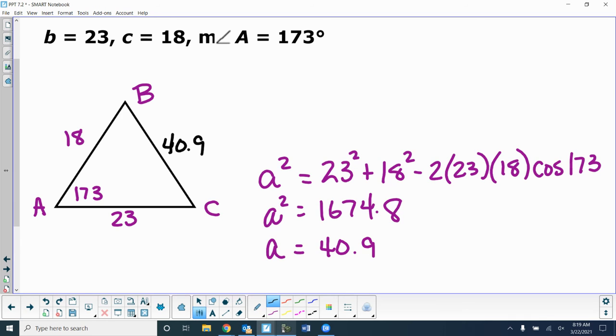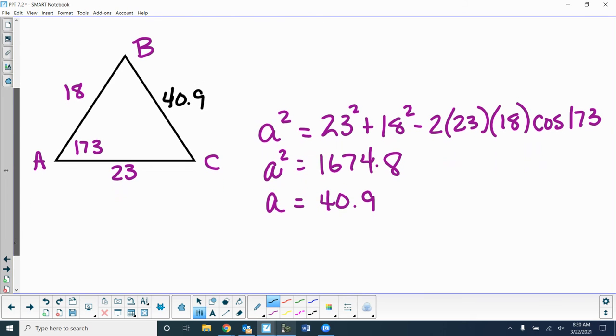So which of the two remaining angles am I going to find? B? No. B is the larger of the two remaining, right? Remember, when we go from cosine to sine, we go for the smaller one. 23 or 18 is smaller, so you want to get angle C next.